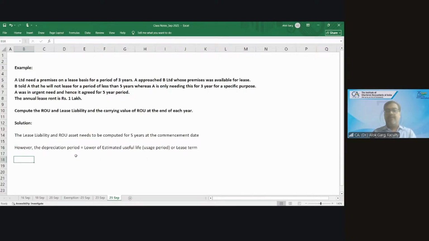So my estimated useful life and my lease term. What is my estimated useful life? 3 years. What is my lease term? 5 years.